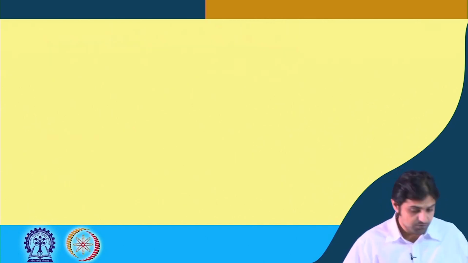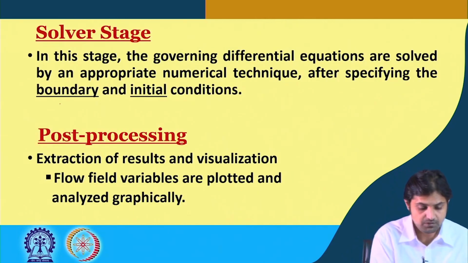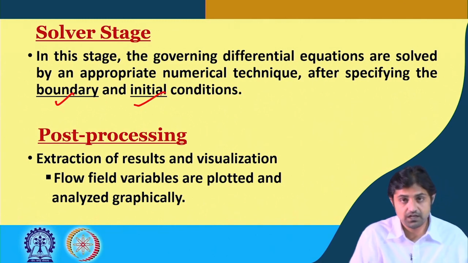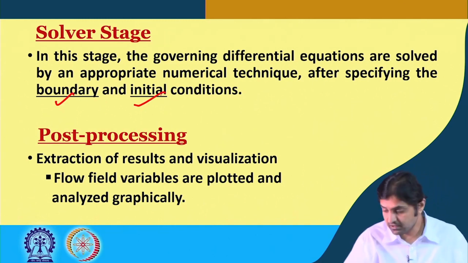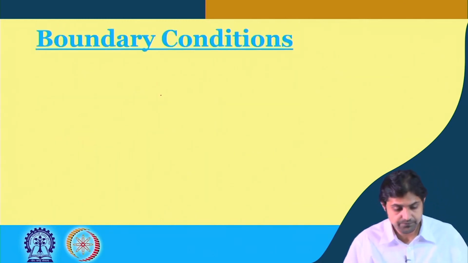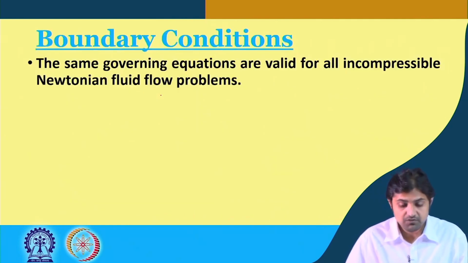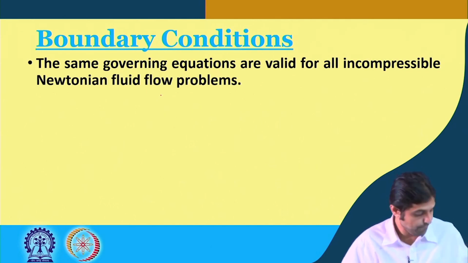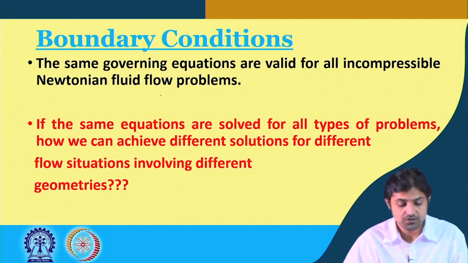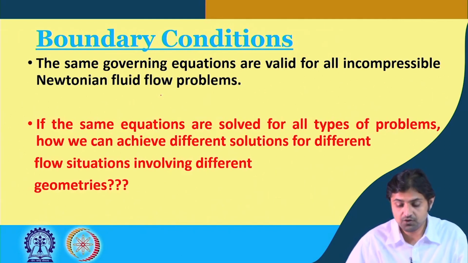So you know we mentioned boundary and initial conditions, and that is what we are going to discuss next. So boundary condition: the same governing equations are valid for all compressible Newtonian fluid flow problems, right? So if the same equations are solved for all types of problems, then how can we achieve different solutions for different flow situations involving different geometries?